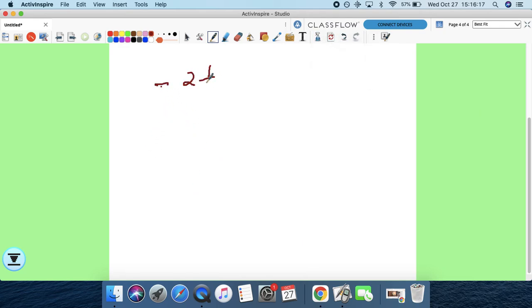Negative 2 1/3 plus 11 over 12 divided by what? 2.3, I'm just going to write 23 over 10 just to save time. I wouldn't change this to a decimal because it would be not a terminating decimal. So let's change this to fractions.